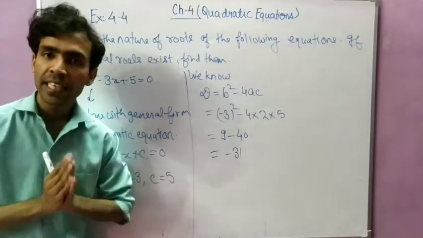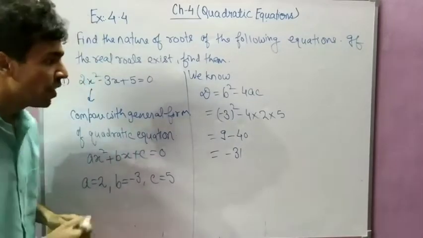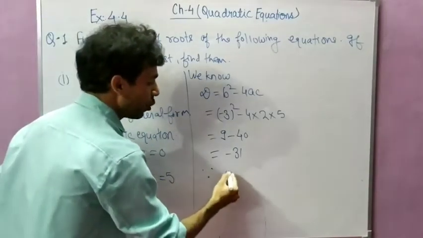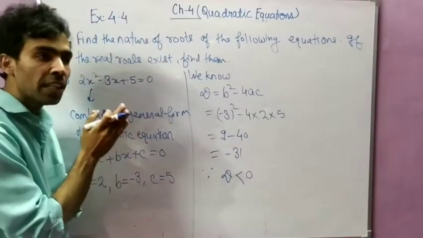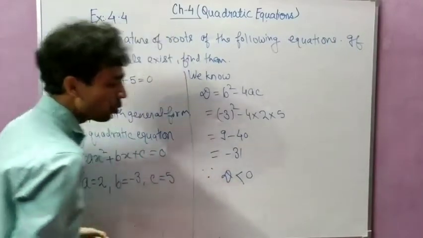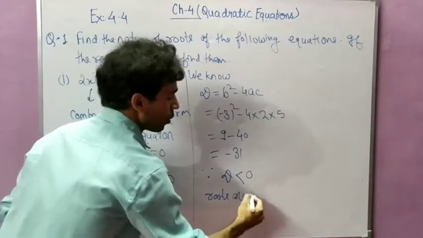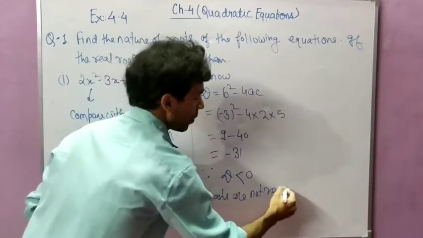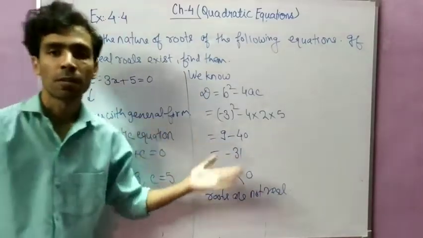Minus 31 is a negative number, and a negative number is always less than 0. So because the value of D is less than 0, what will be the nature? Roots are not real. Now we will not solve further. Why?